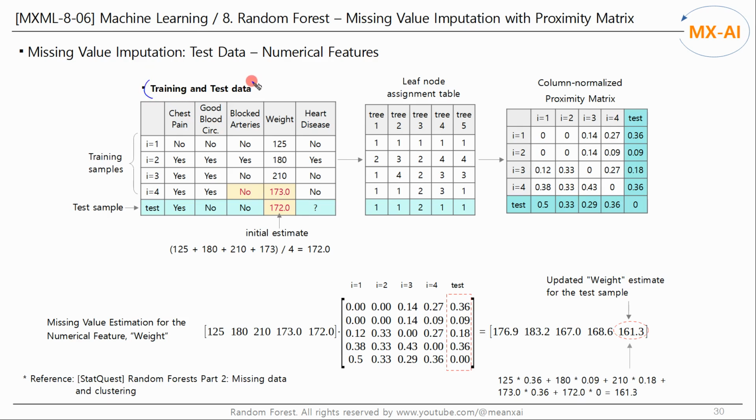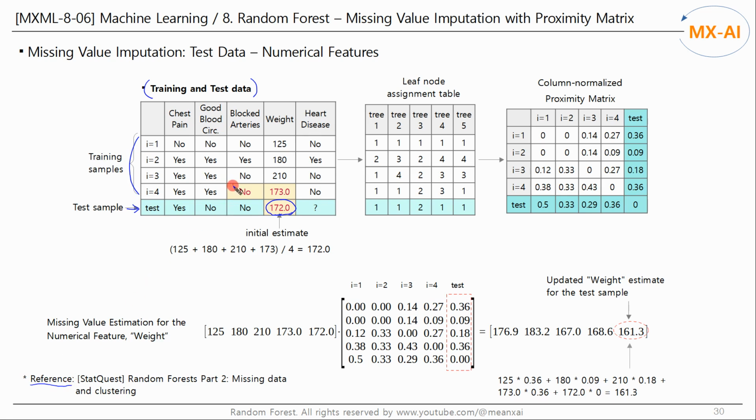Let's say we have the following training and test datasets. Let's say we have 4 training samples and 1 test sample. The test sample contains 1 missing value. This example is adapted from the StatQuest video.